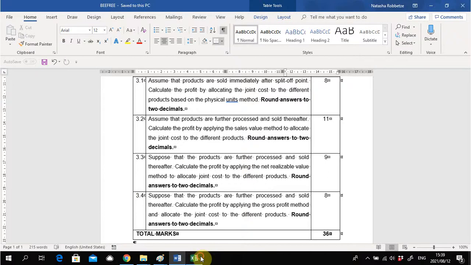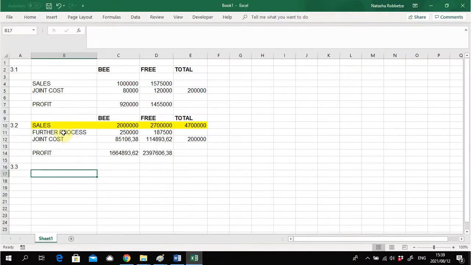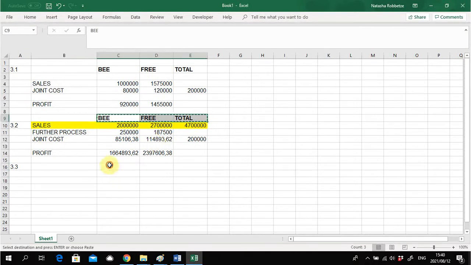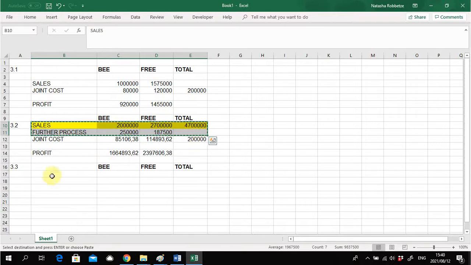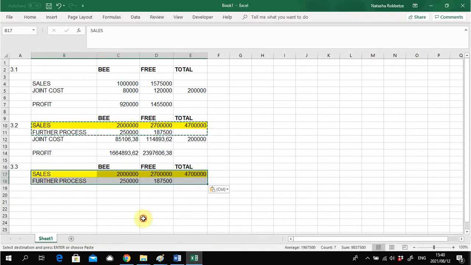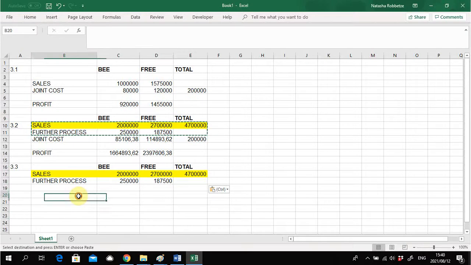So let's explore that. So the sales and the further processing cost will be exactly the same because the product is further processed. So I'm just going to see if I can copy the totals. Right, then we need to go and calculate our net realizable value.